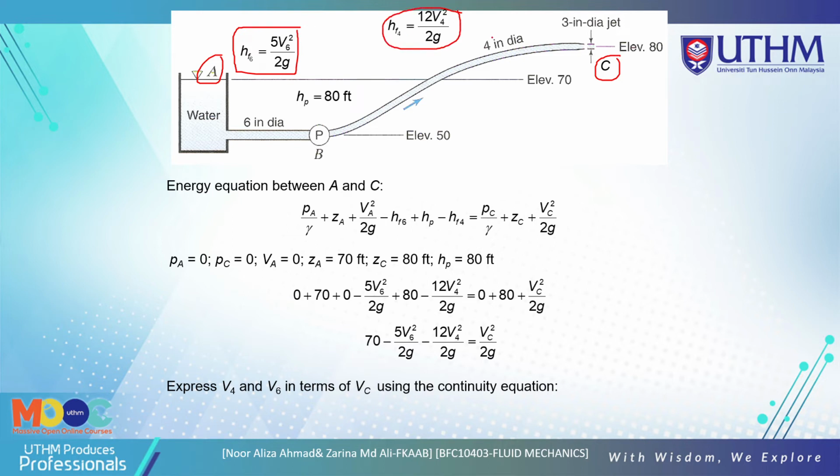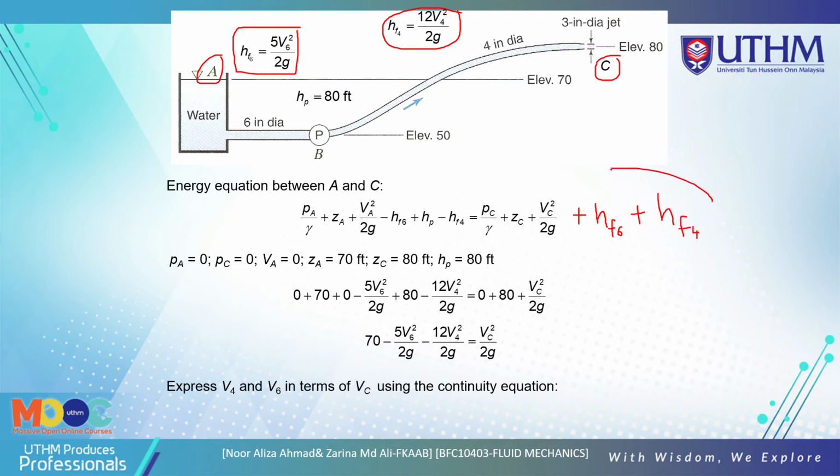using for the ada dua pipe. That's why the friction loss in this pipe here, and also the friction loss in this pipe. So the friction loss here is based at this part plus HF6 plus HF4.